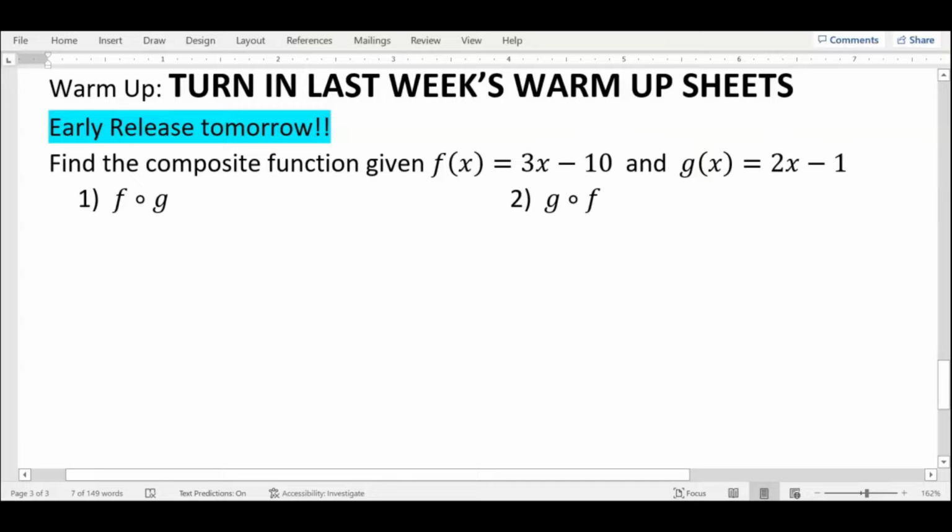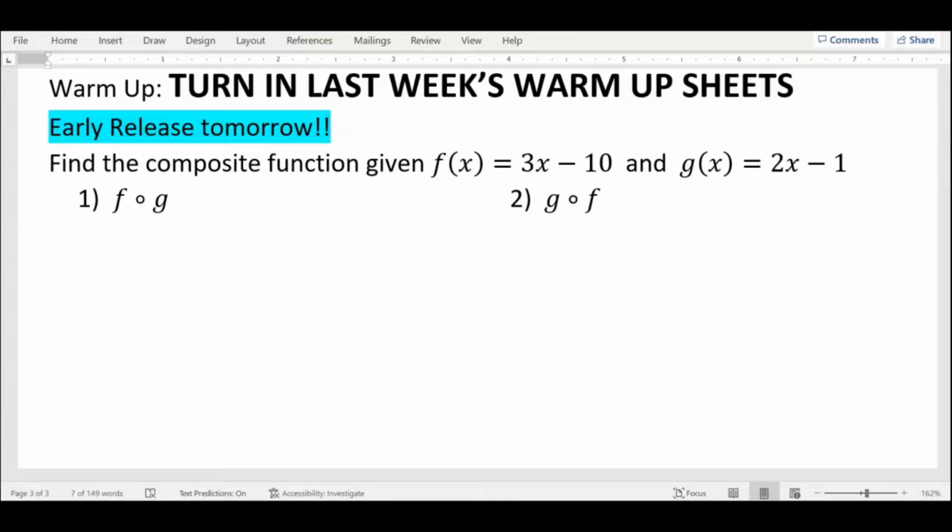How to do these was in the notes on Thursday. You had 4 steps, okay? I'm going to follow those 4 steps, but I might combine some steps to make it a little bit easier, maybe. If fewer steps is confusing, then just follow the 4 steps, okay? But first, when we have a composite function, I have 2 functions to begin with, and I know it's a composite because I see that little o in the middle.